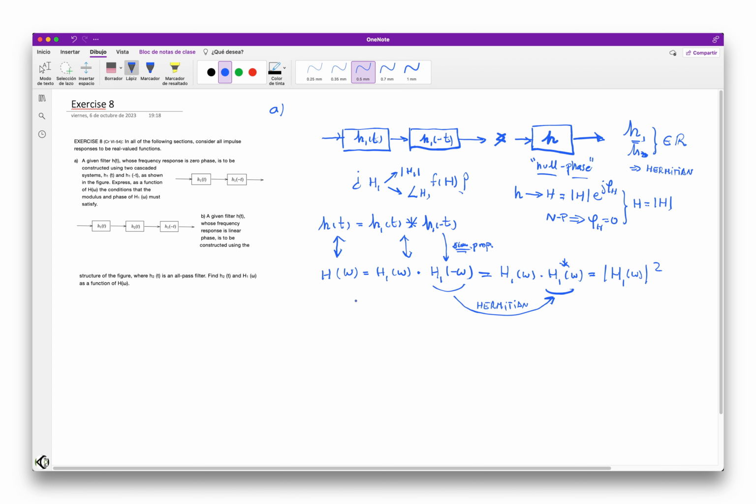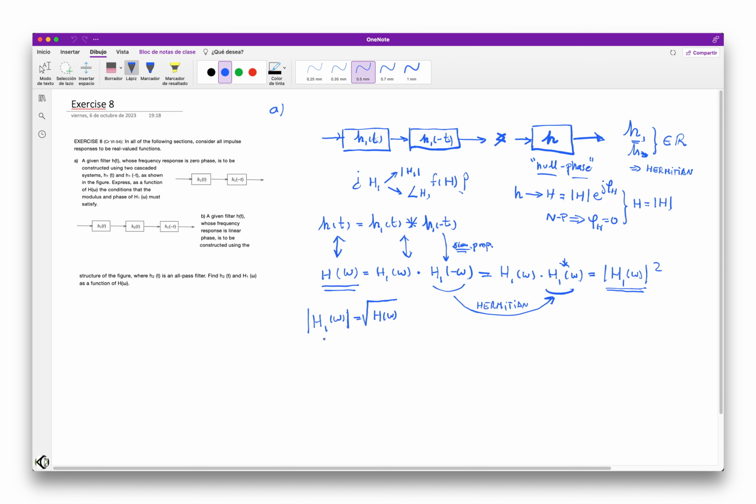Okay, so we are done. Basically, the condition is here. The relationship between h1 and h is that one. We can write it the other way around: the modulus of h1, which is the system that we need to find out, is the square root of the modulus of the frequency response that we want to obtain.